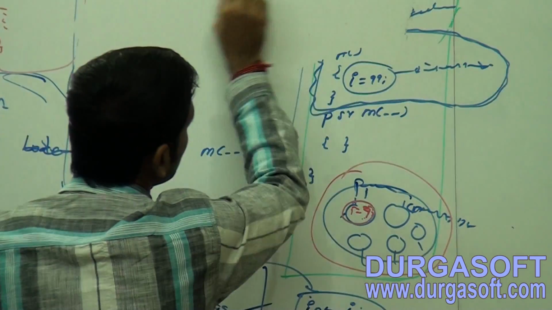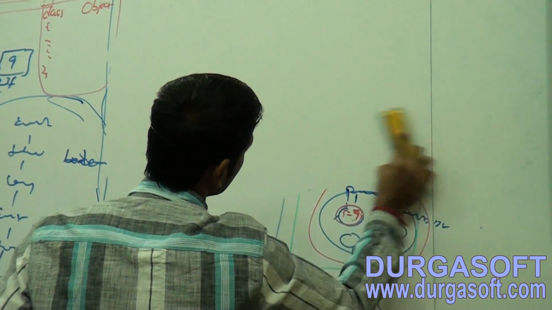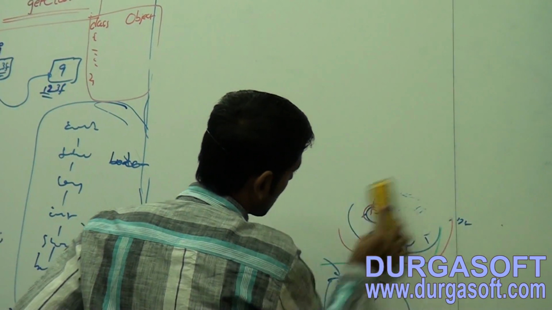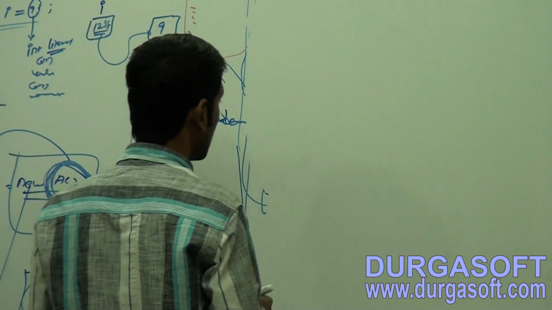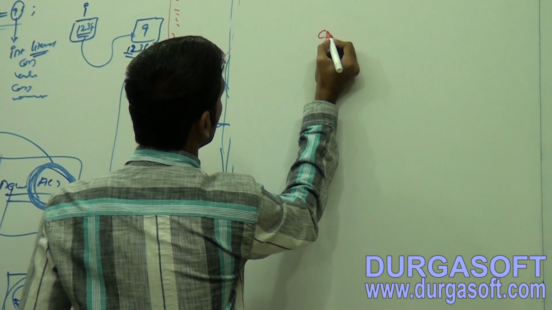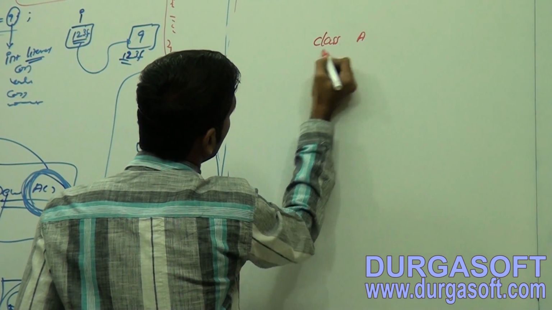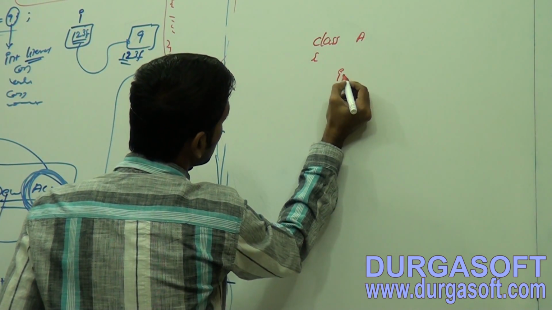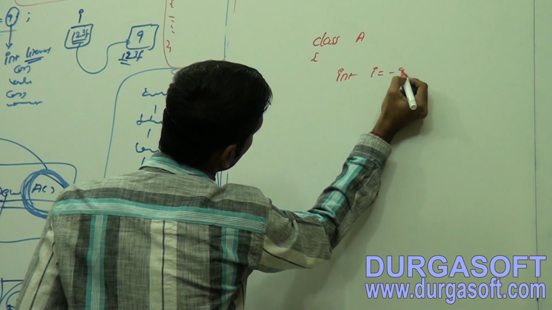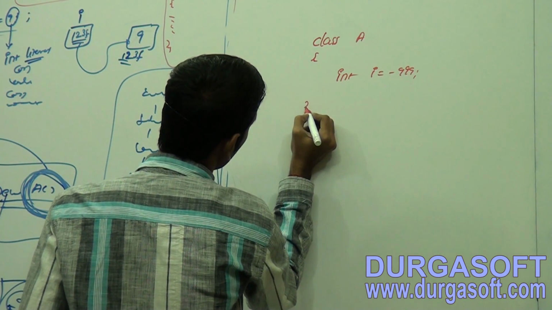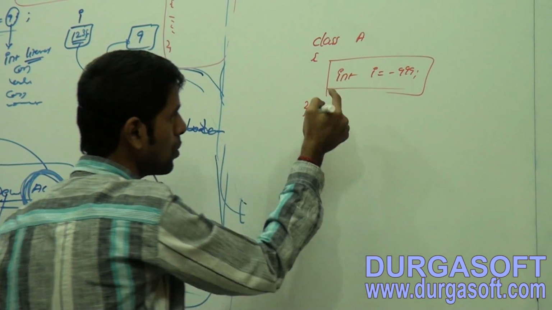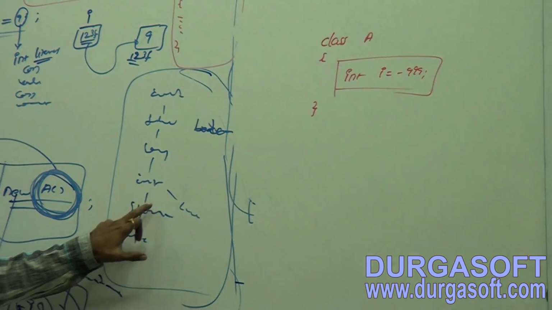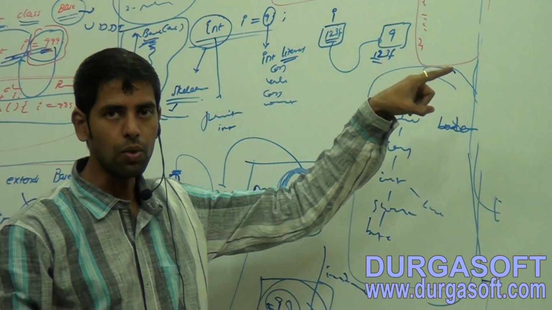Now class A, int i equals to 999. What is this? A primitive variable or not? Yes, int here is a primitive variable.